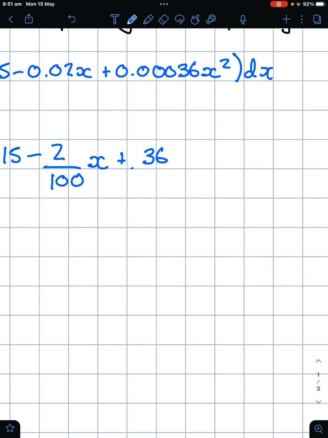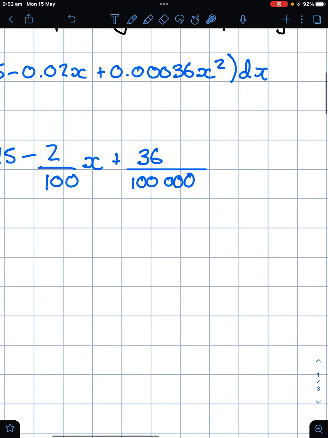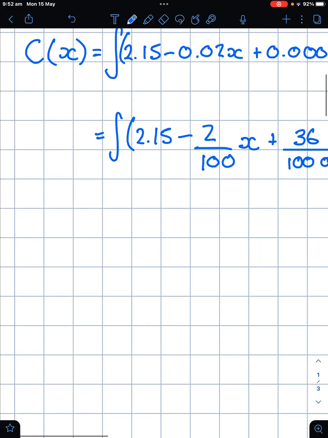Now I probably wouldn't go to this level when the decimal is so long, but it's up to you there. I just personally find this makes it a little bit easier.